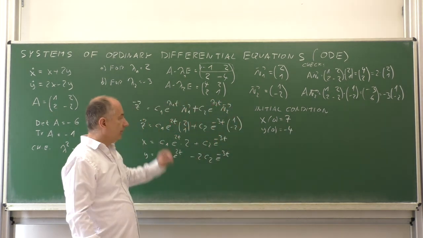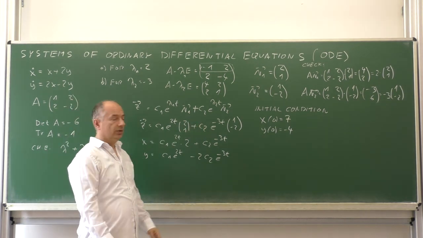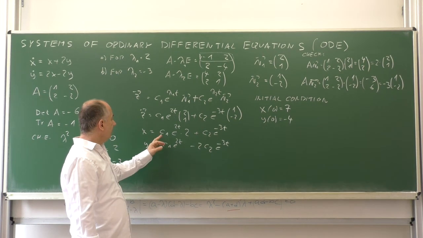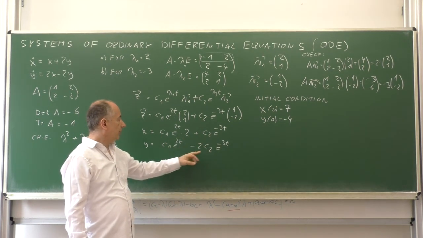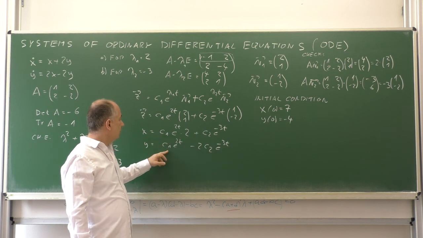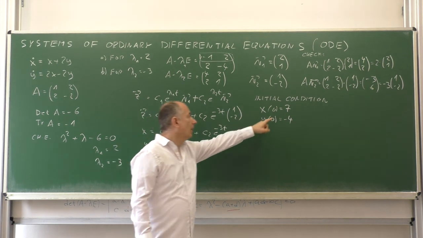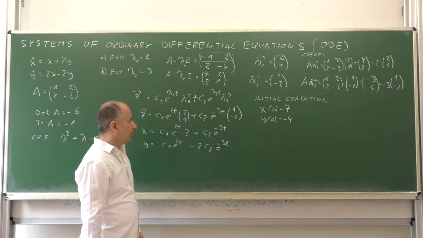If we are given this extra information, if we are given these extra equations, then we can find the values for the integration constants C1 and C2 such that these two functions satisfy not only the two differential equations, but also these two initial conditions.